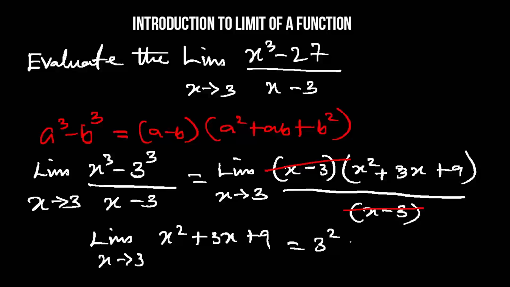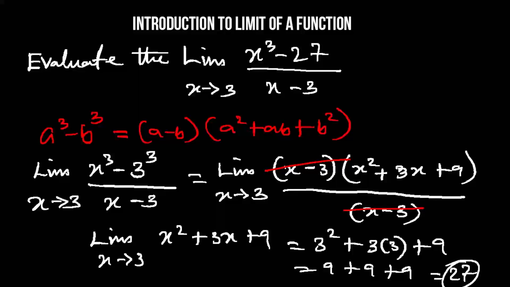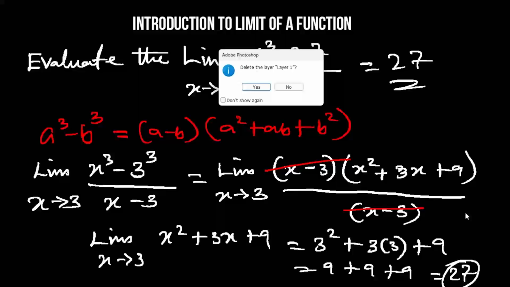We have 3 squared plus 3 into 3 plus 9, and that will give us 9 plus 9 plus 9, and that is 27. So the limit of (x cubed minus 27) divided by (x minus 3) as x tends to 3 is equal to 27. As simple as that. So let's look at another question.